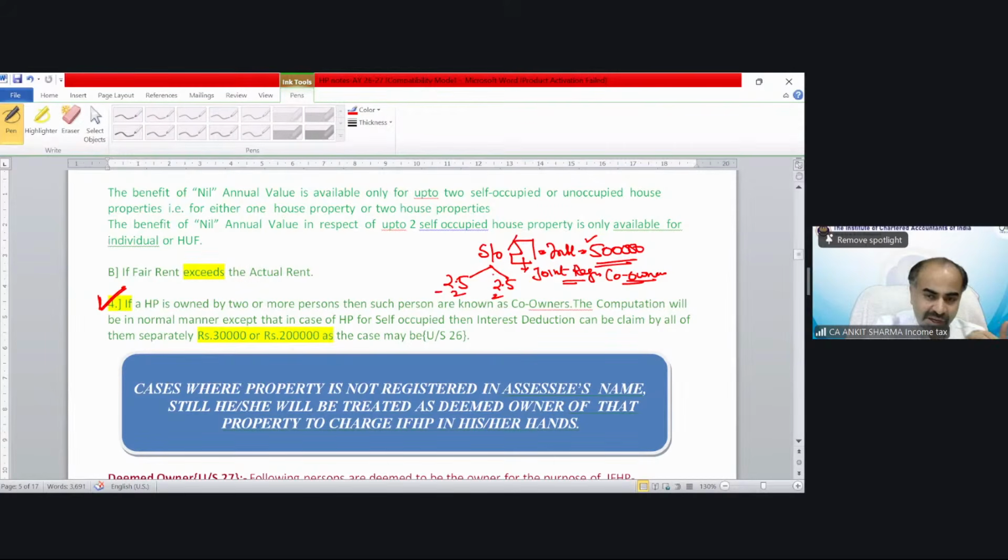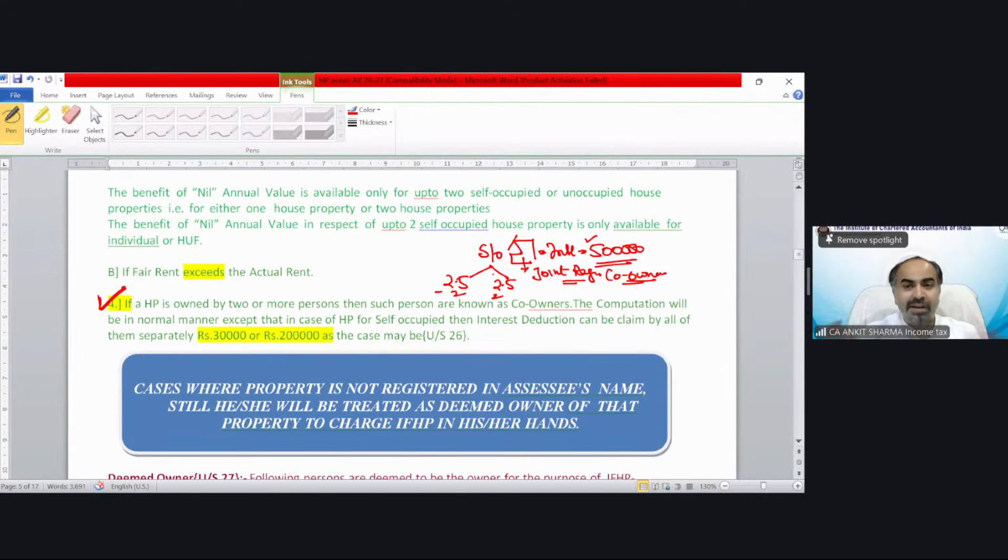So if in the examination a co-owners case has been given, that if there is a property, and 4 owners are there, we call them co-owners. Then the interest benefit of 2 lakh or 30,000 we can claim separately for each owner. So that's a kind of tax planning you can do.